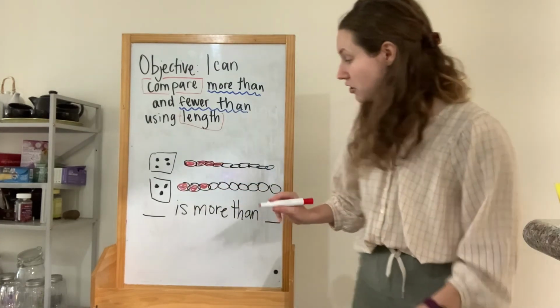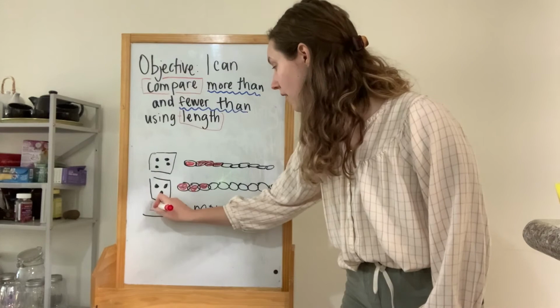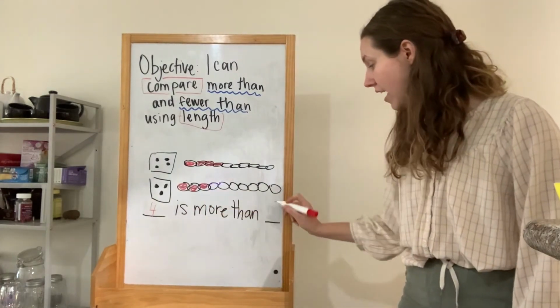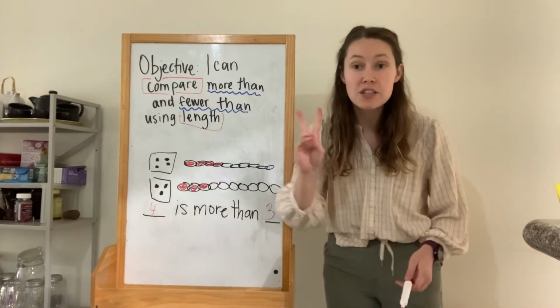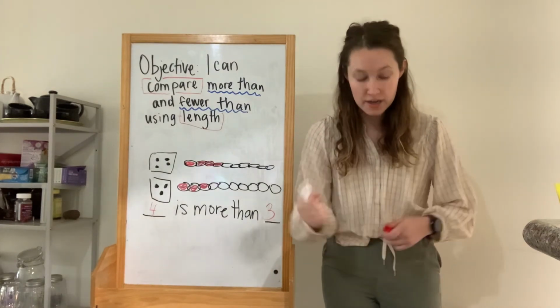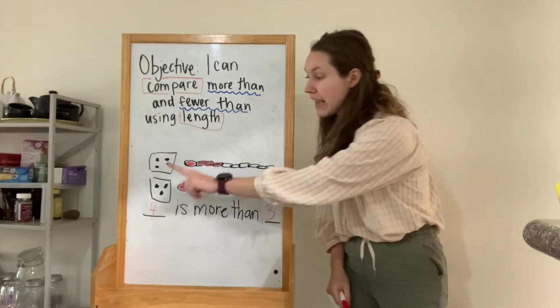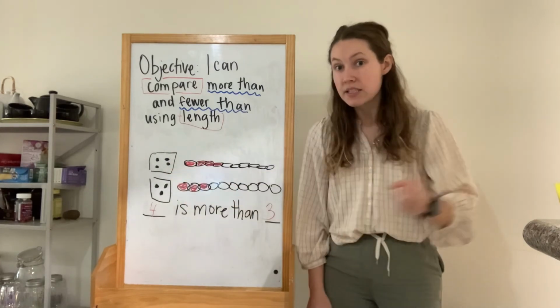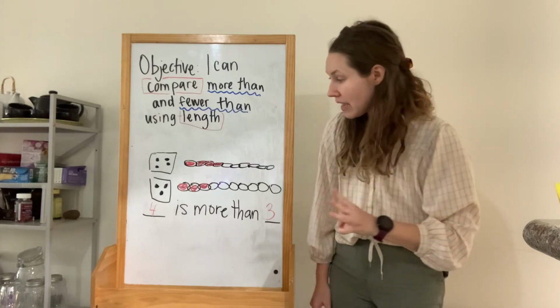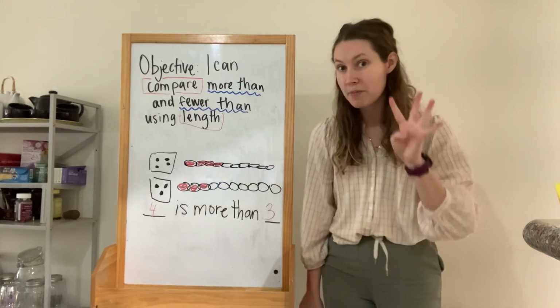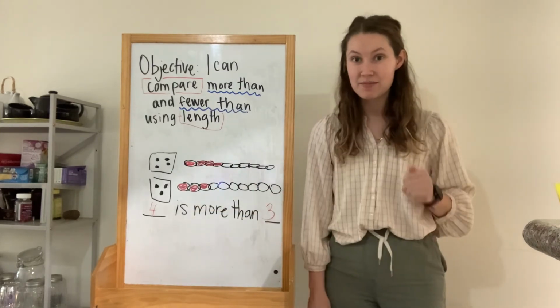So now I can finish my sentence. 4 is more than 3. So you're going to see 2 problems like this for homework. Your step 1, look at your dice and count. Step 2, fill in that many. Step 3, compare. Step 4, finish the sentence, okay?